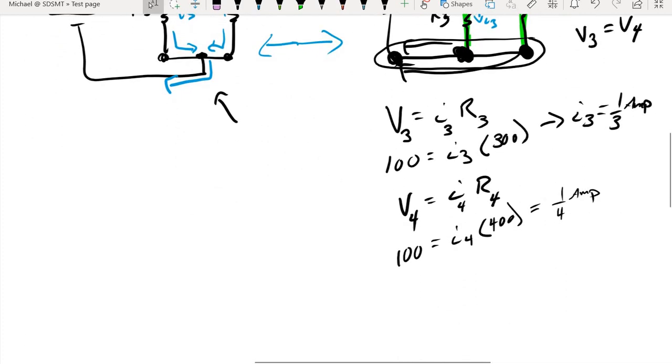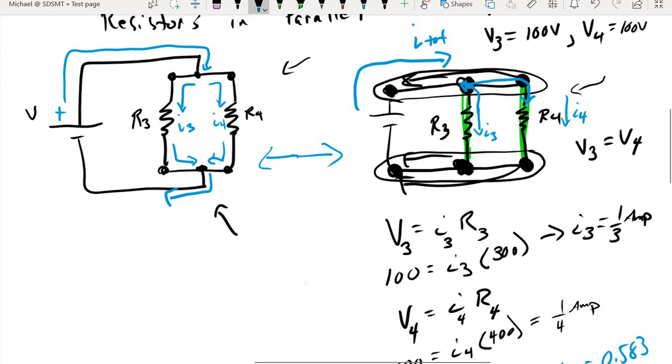And so now I'm going to get my calculator out, because I need 1/3 of an amp plus 1/4 of an amp, which is approximately 0.583 amps. So that's the total current that's coming out of the battery, and then it's distributed through those two resistors, and then those currents add back up and return back to the battery.